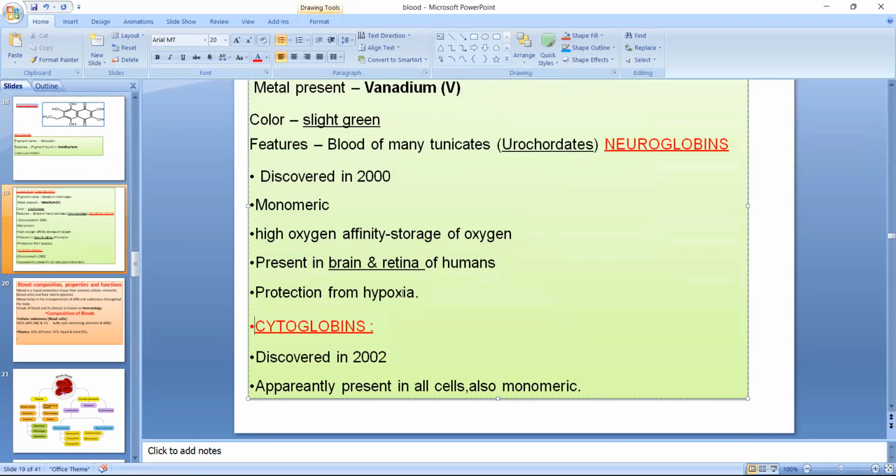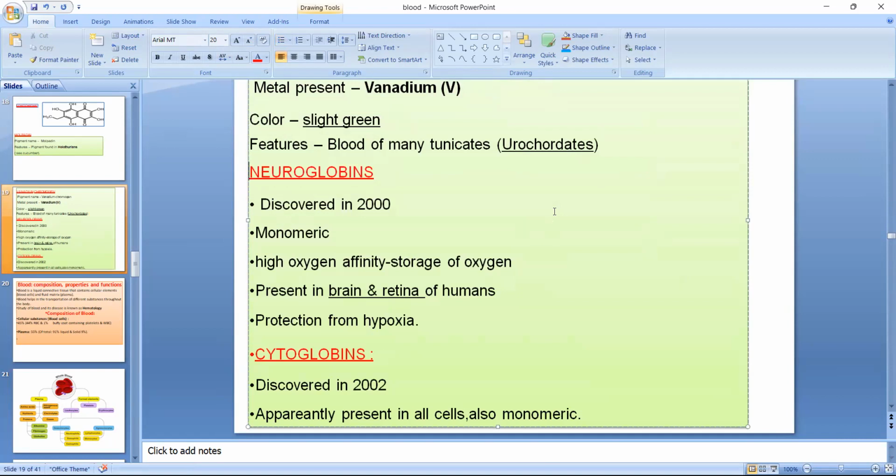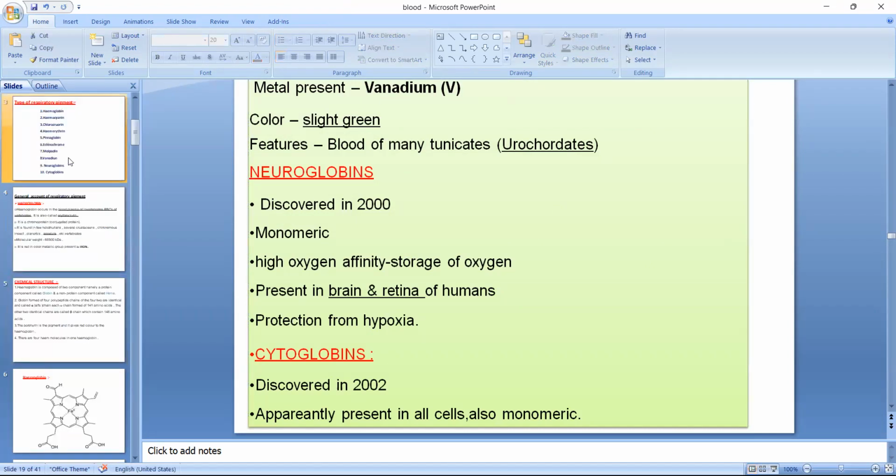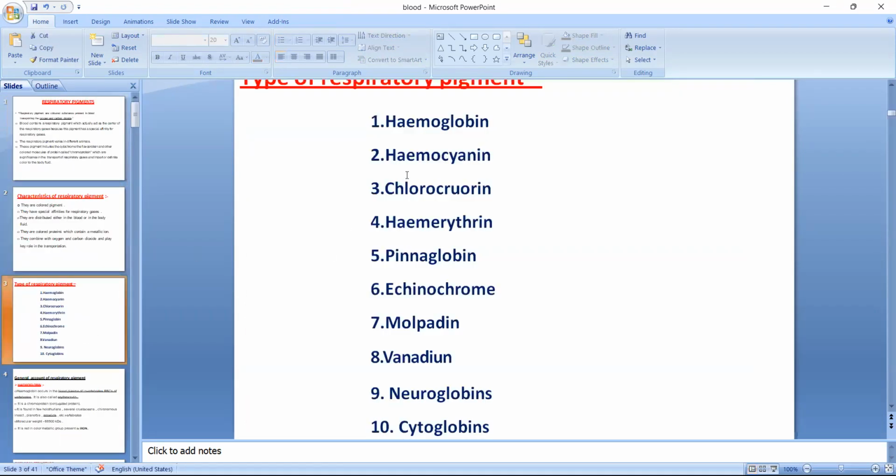You remember the name and metal ion, if possible, color and examples. You learn them by heart. Particularly we should remember hemocyanin, chlorocruorin, hemerythrin.